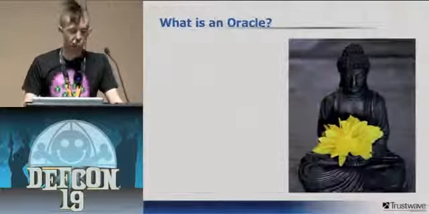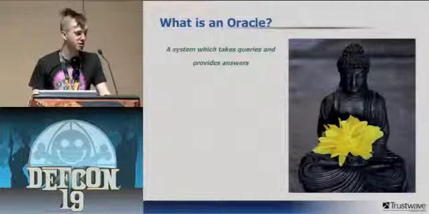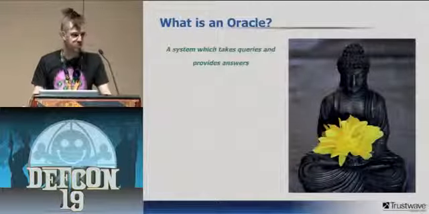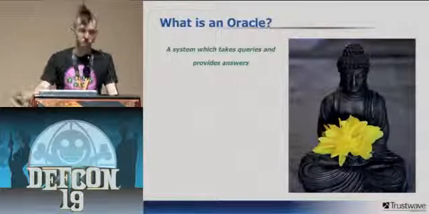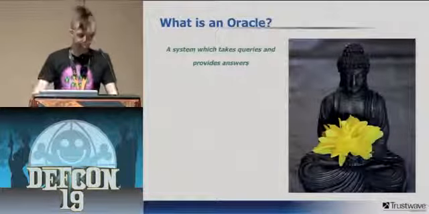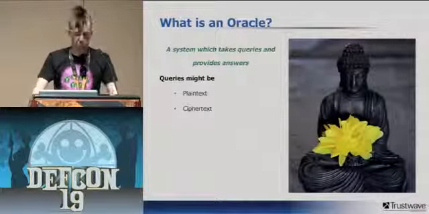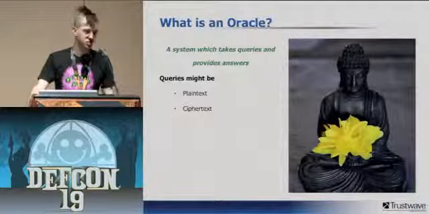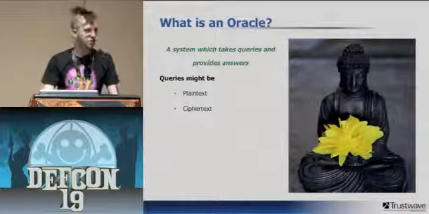So I've said the word Oracle several times, and now I'm going to give you a vague and generalized definition and then clarify a little bit. An Oracle is any system that takes in user input, processes it, and gives output. In cryptography, we're talking about taking in plain text or ciphertext and then usually encrypting or decrypting and leaking something about that operation.